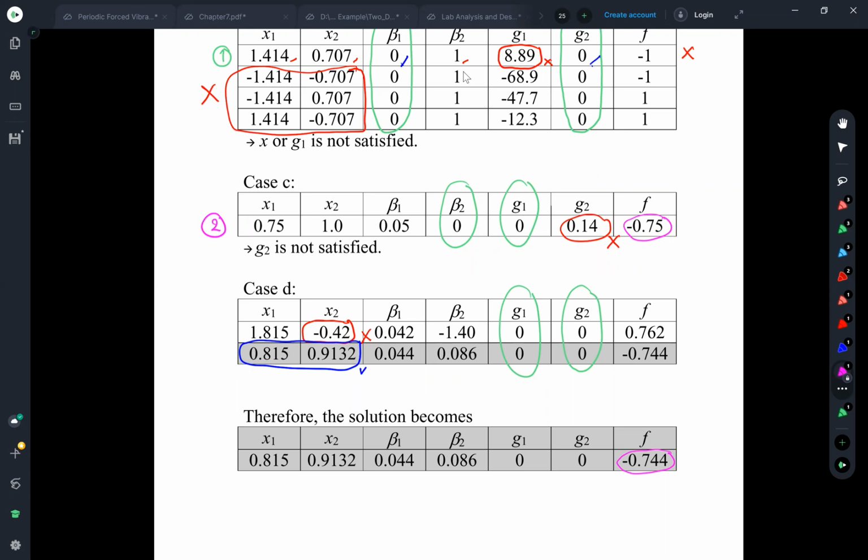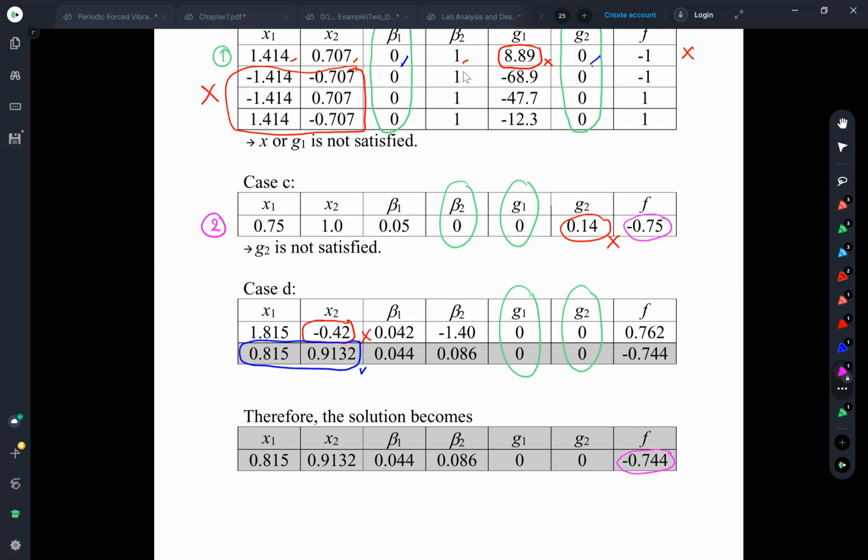You see G2 is a positive number, 0.14. This is not allowed by our constraint. So this one is quite a good candidate, but it looks like it's not the best and it's not accepted by the condition we provide because it violates the curve of G2, right? It's beyond the ellipse, the clean ellipse curve, and therefore it's not allowed by this solution.